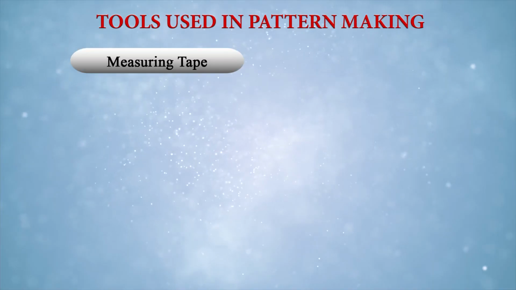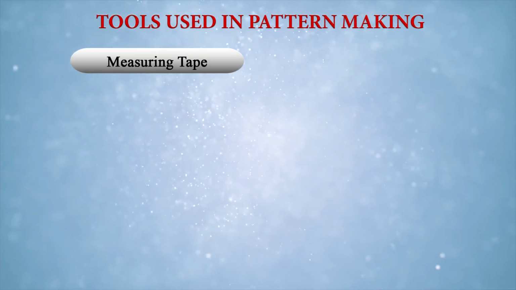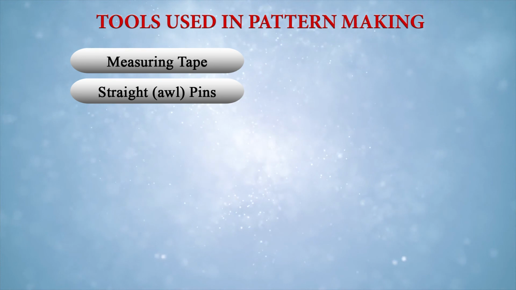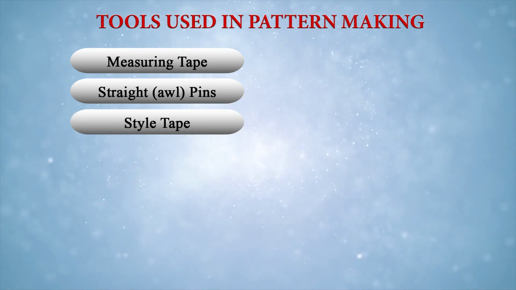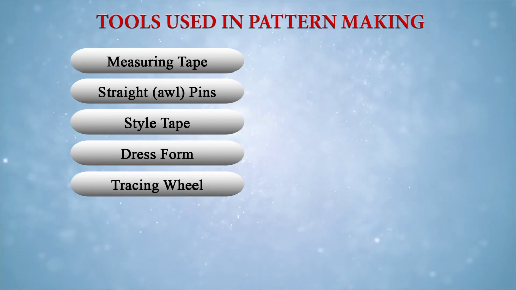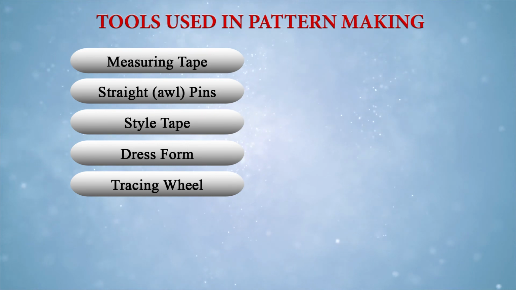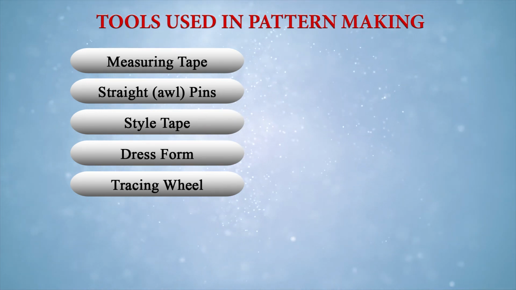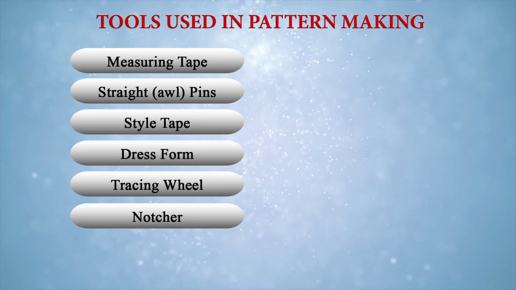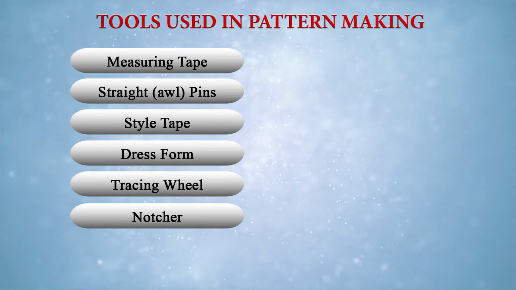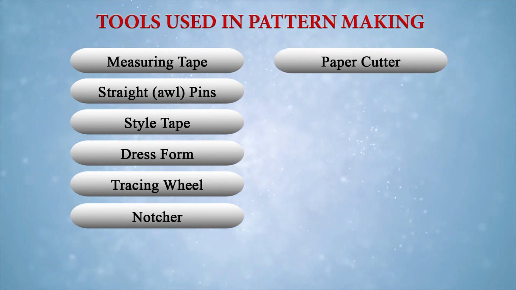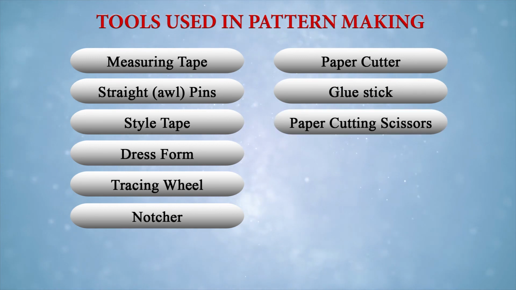Then there are some tools for pattern making. We use the measuring tape, straight pins, style tapes, the dress form, and a tracing wheel to trace the design or the measurements on the fabric. Then we use notches to do the marking on the fabric, paper cutter, glue stick, scissors.